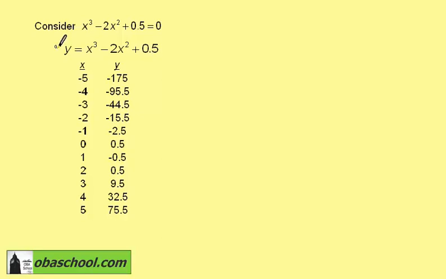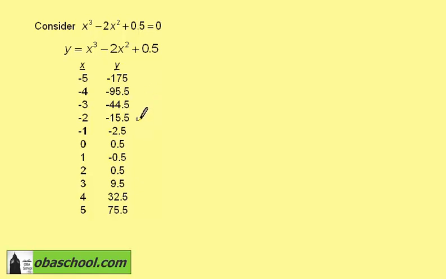Let's consider x cubed minus 2x squared plus 0.5 equals 0, an equation we've met before. We have a table of values here for y equals x cubed minus 2x squared plus 0.5.